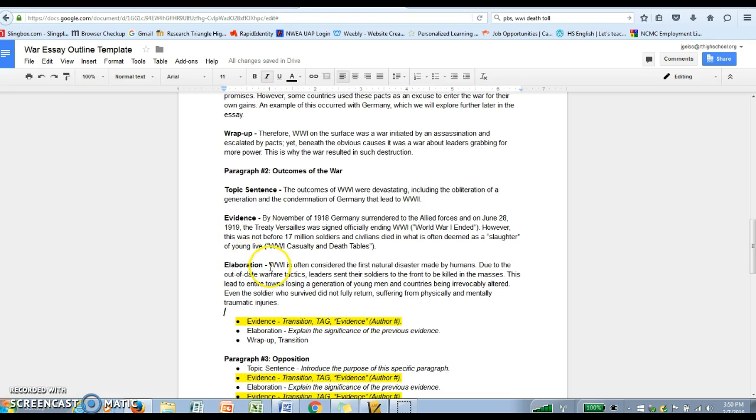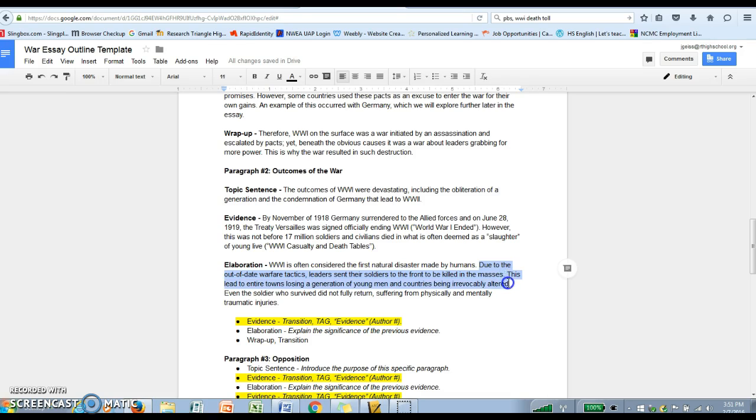So here we have information that directly elaborates upon the evidence that we have, just as elaboration should. So "World War I is often considered the first natural disaster made by humans" references what was shared in our evidence about how many people died in the war. Then it goes to explain why so many people died, and it was due to out-of-date warfare tactics.